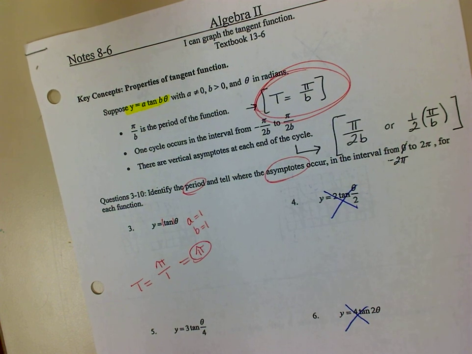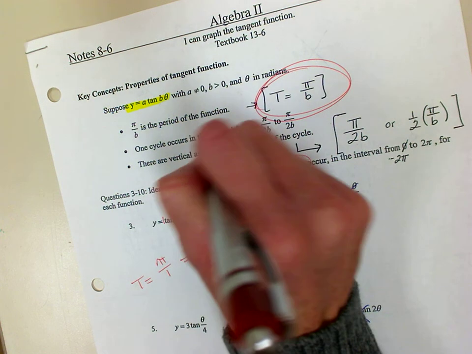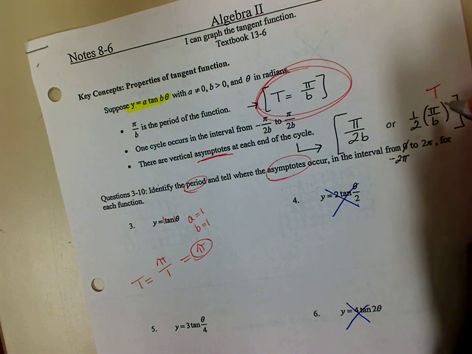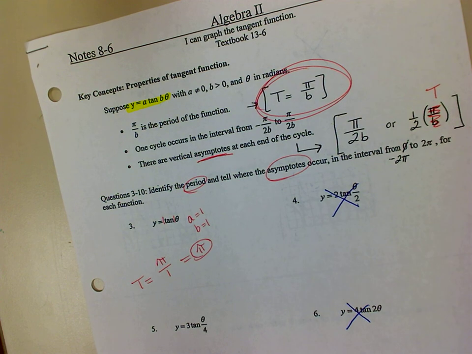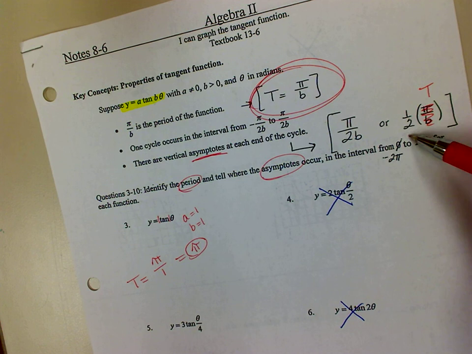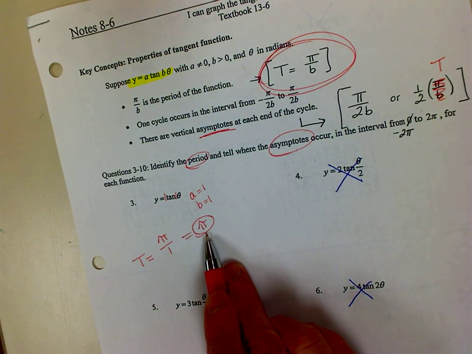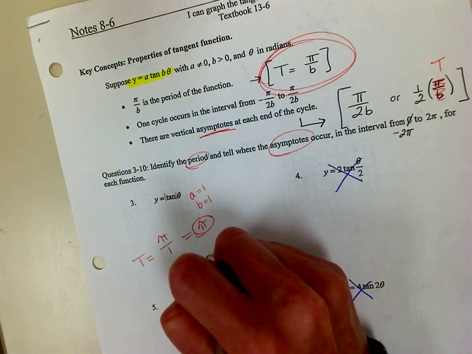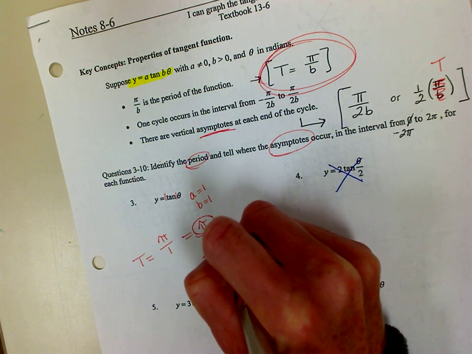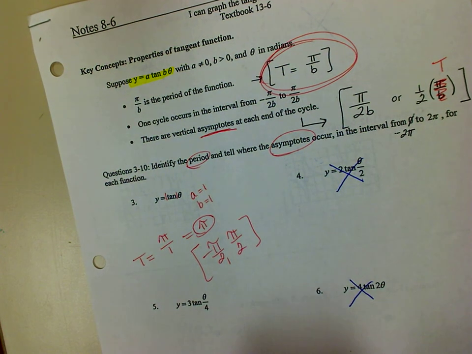So all I have to do, if that's the case, the asymptotes are just half of the period. This was the period, pi divided by b. So if I take half of the period and just put positive and negative, we're good to go. So half of pi is pi over 2. So negative pi over 2 to positive pi over 2. Those are the asymptotes.